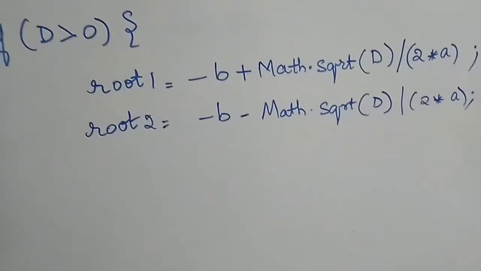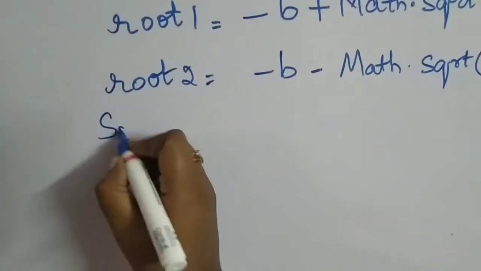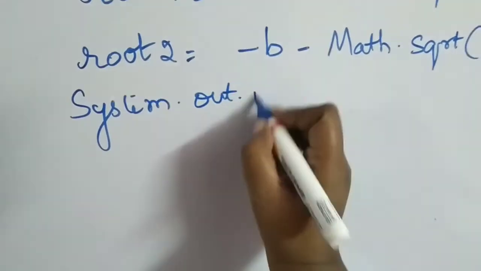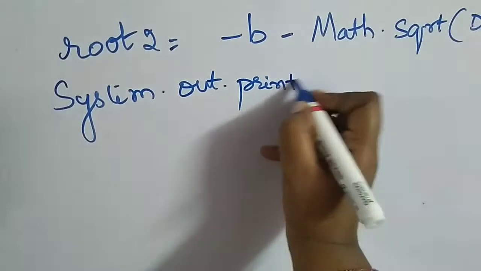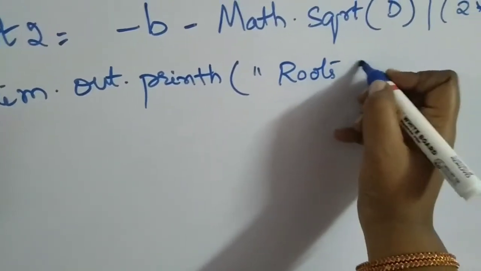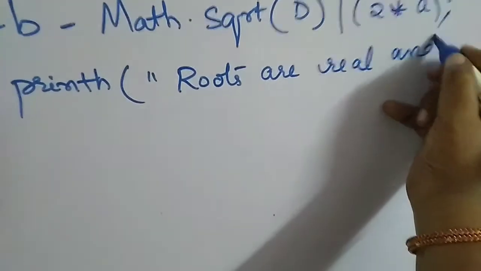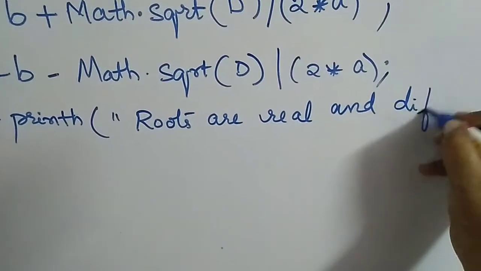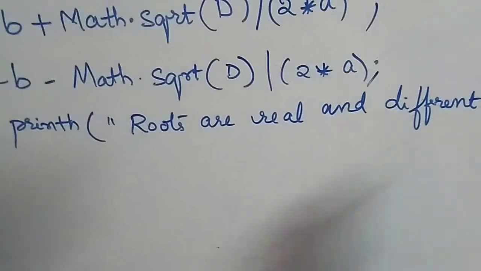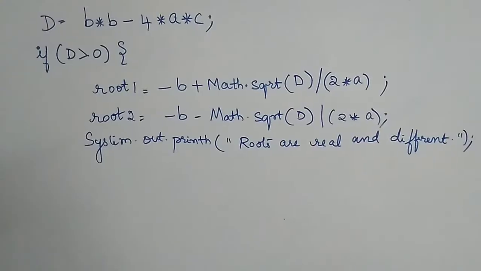So we'll write a system.out.println statement, and I'm saying the roots are real and different. Now I'll be printing the roots on the console.